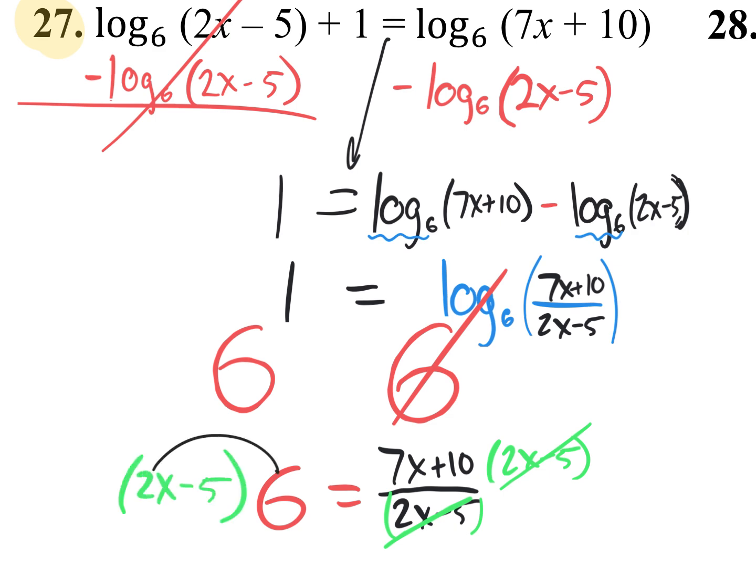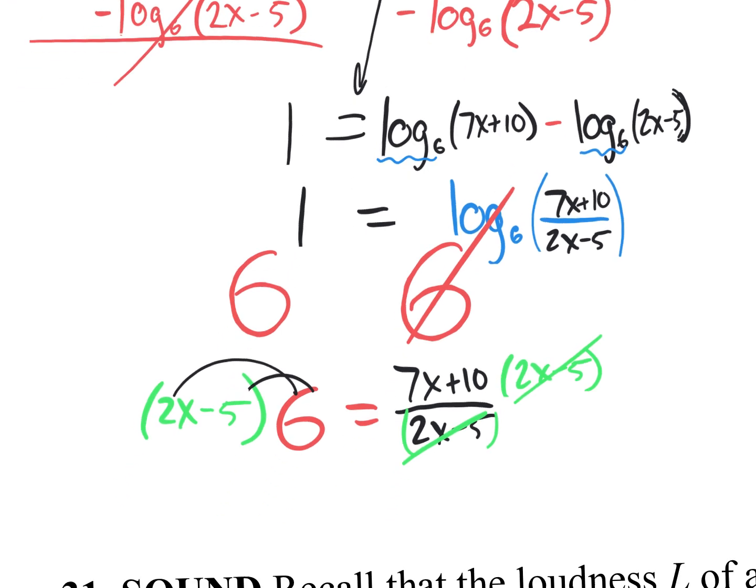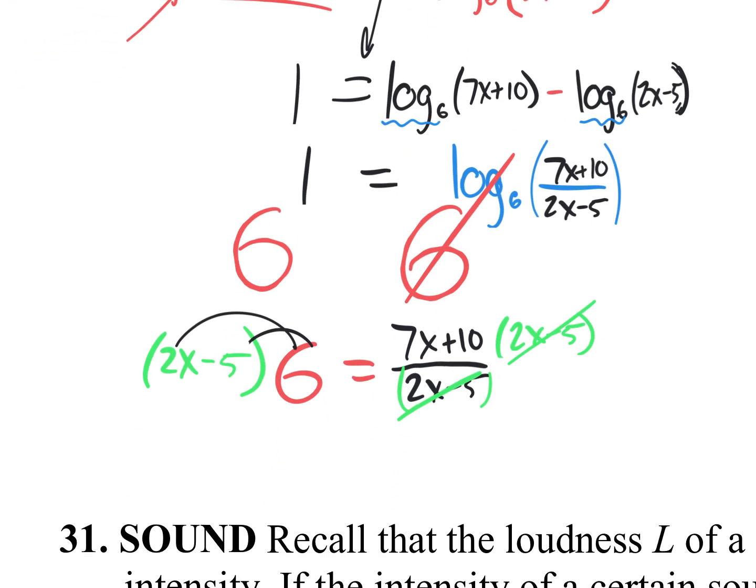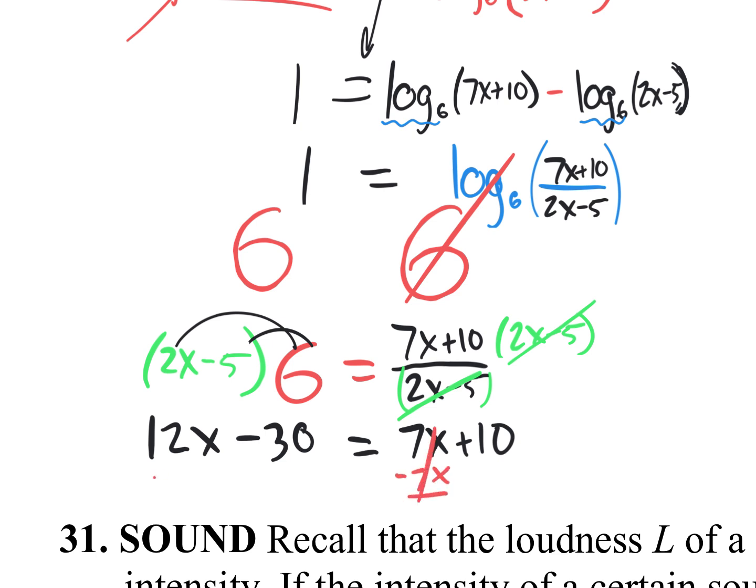Over here, you're going to distribute, and you will get 12x minus 30 equals 7x plus 10. I know, fun stuff. And then you want to get x by itself on one side. So I'm going to move the 7x to the left. And I also want to move the negative 30.